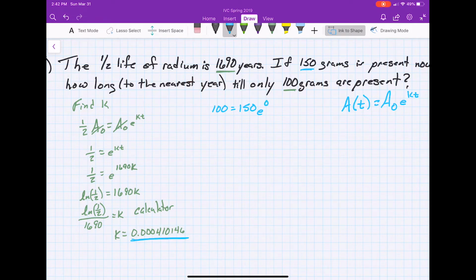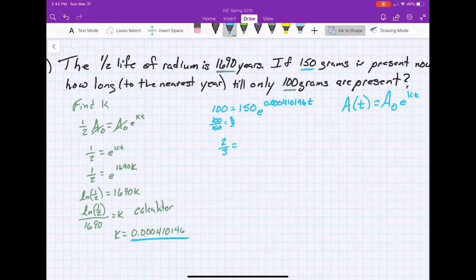It's my mistake. So we plug this in for our k, which was 0.000410146, and t. All right. Now we are going to divide by 150. So 100 divided by 150 reduces down to 2/3 actually.